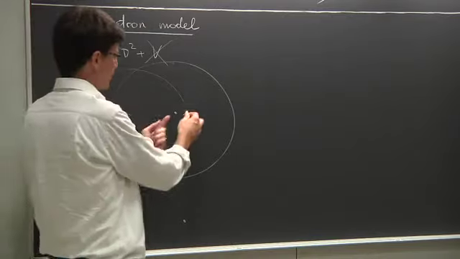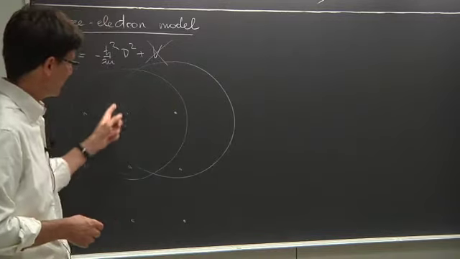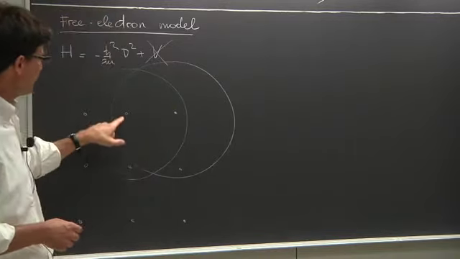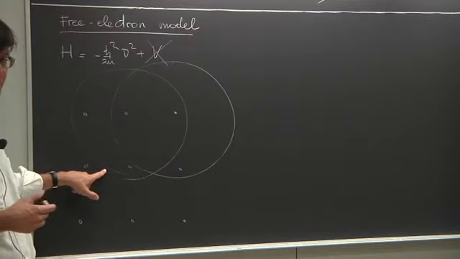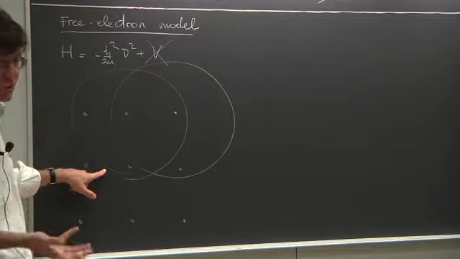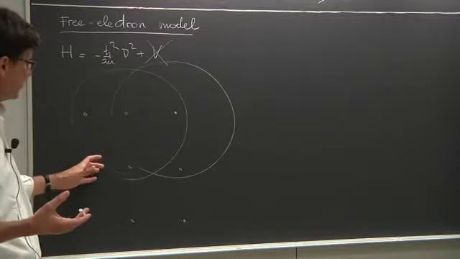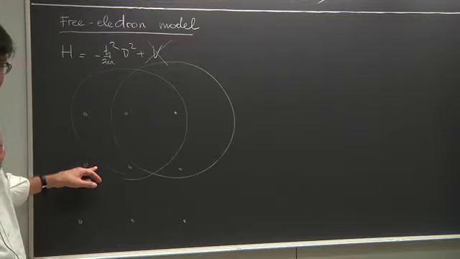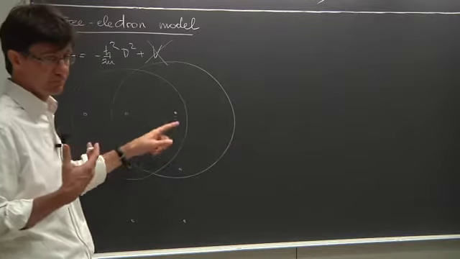If you are this electron, the one sitting centered at this point, that is this circle here, you will certainly see the presence of the other nuclei, but at the same time, all the other electrons, because they're so easy to polarize, to displace their charge, will screen very efficiently all the other nuclei from your view.